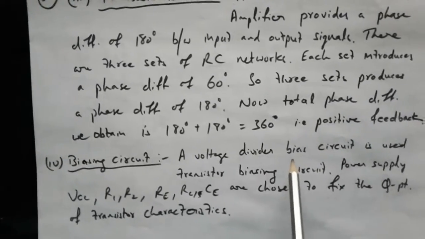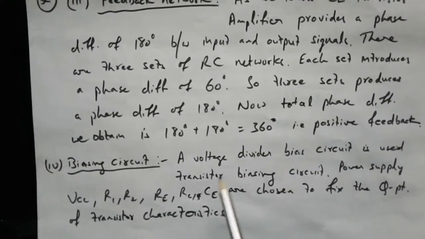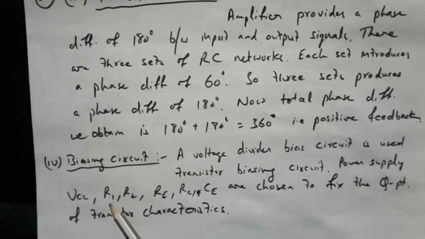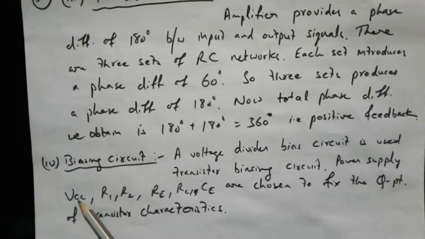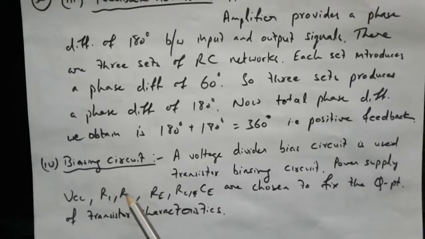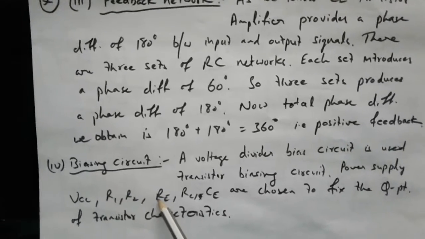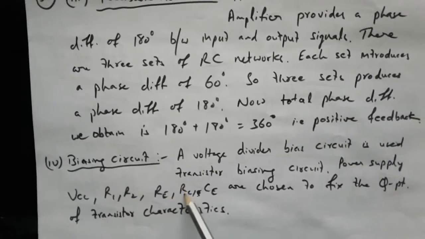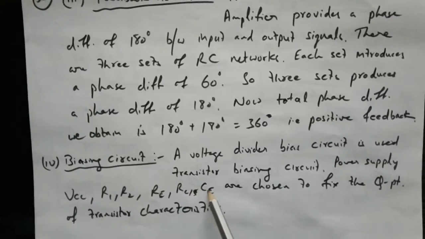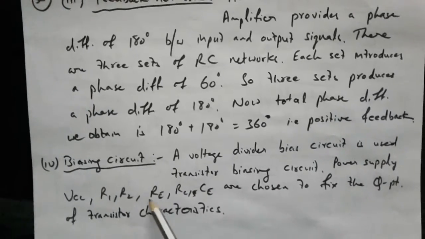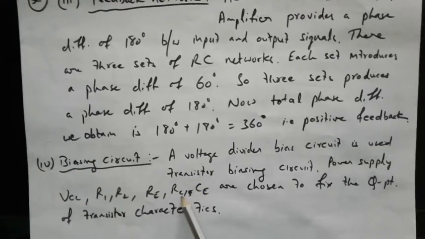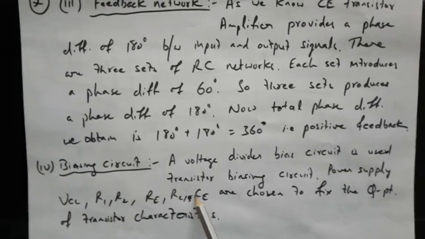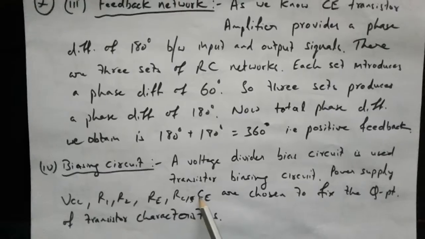Here in this phase shift oscillator, we take values of power supply VCC, R1, R2, emitter resistance, collector resistance RC, and the capacitor. All these values are chosen so that the Q point remains fixed.